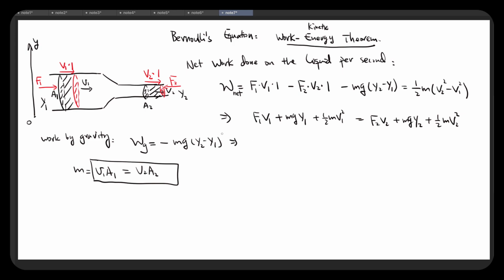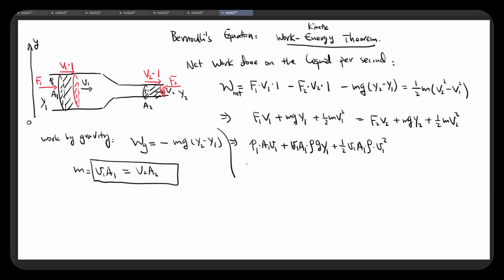Okay, let's do some replacements here. F1 is the pressure P1 times A1, so it's P1 times A1 times V1 plus m, and m is V1 A1 times rho, where rho is the density of the liquid, so rho g y1, plus 1/2 m, again replaced by V1 A1 times rho, times V1 squared.